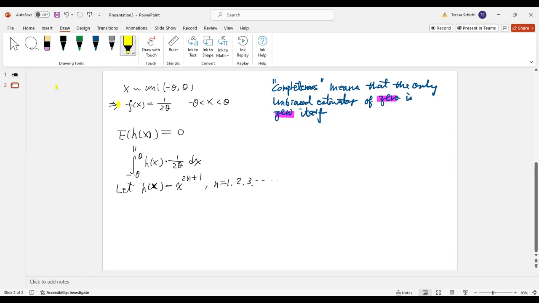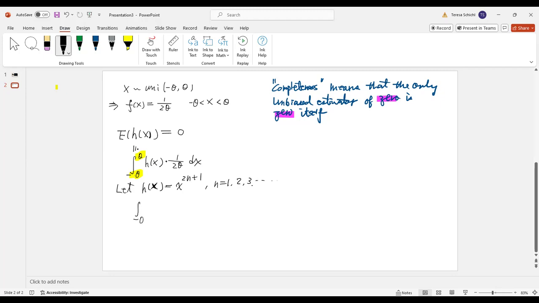If the expected value equals 0 but the function itself is not 0, then I will say it's not complete. I choose this because I see the integration boundaries are negative theta to theta. If I choose an odd function, then when you integrate, it will become zero.